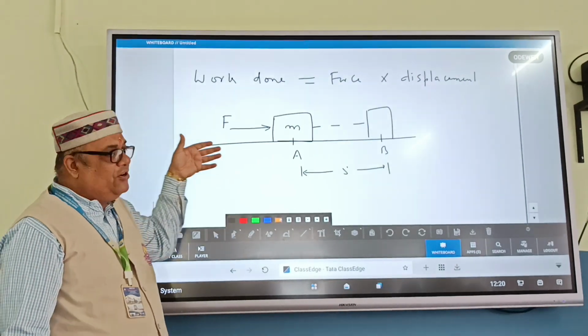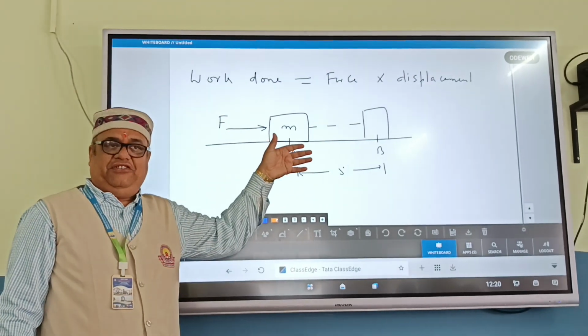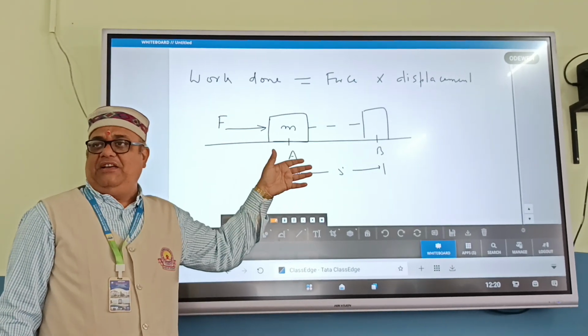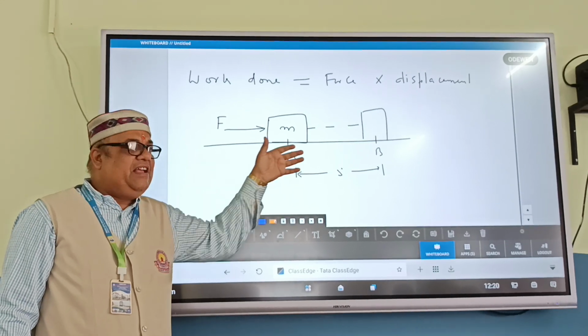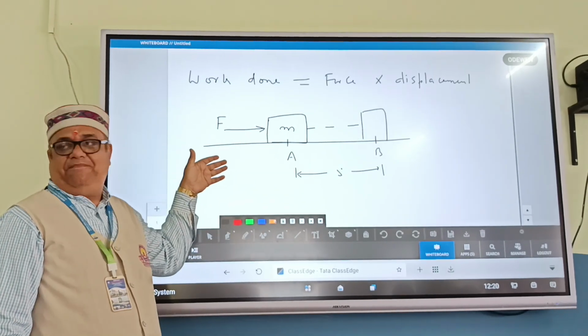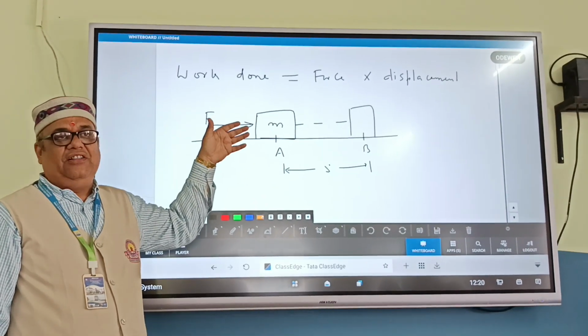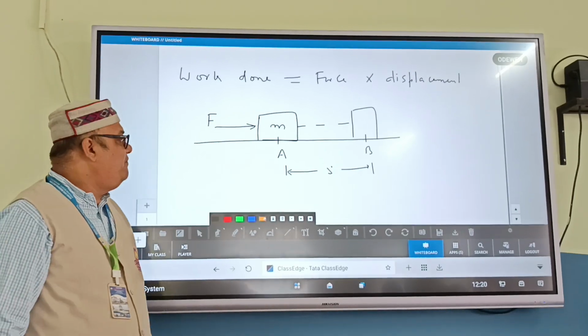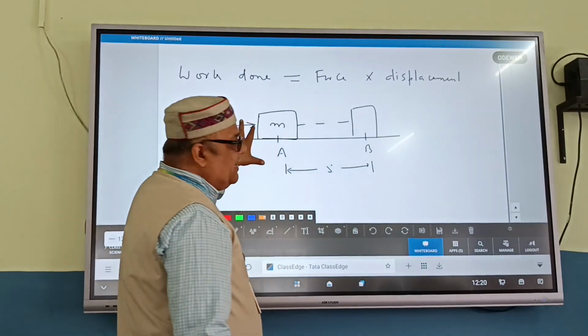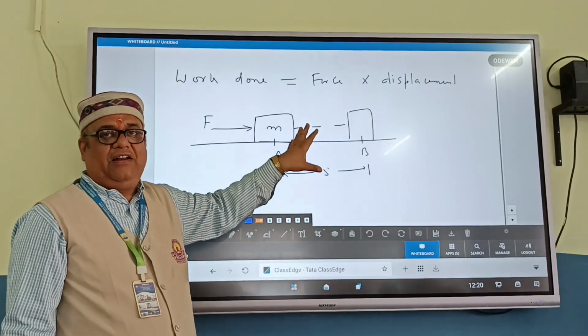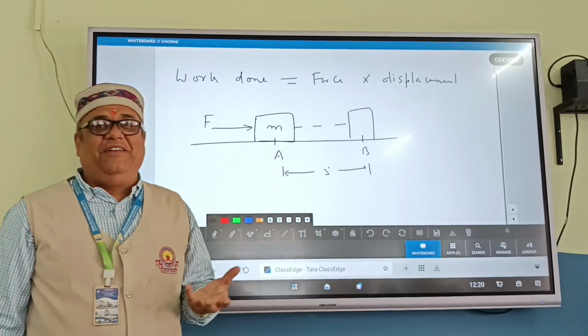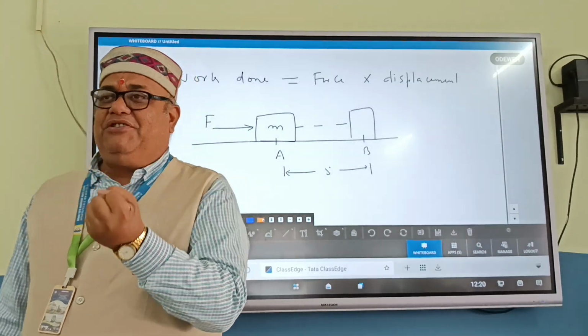So when force brings about a change in the position of an object, in the direction in which it is applied, then we call that work done. Mathematically, this is the expression for work done. Whenever we do some kind of work, energy comes into the picture.